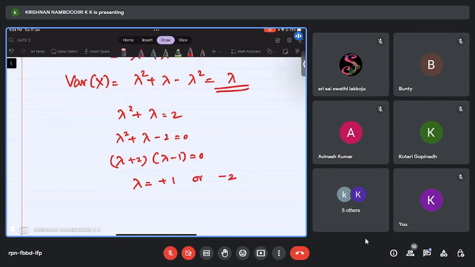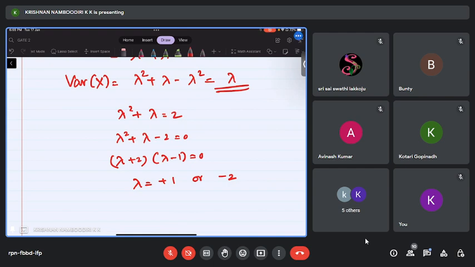So now what is the final answer? Can somebody tell? Is it plus 1 or minus 2? Yeah, it's plus 1 because it cannot be a negative number, right? The Poisson random variable can itself be only non-negative integers.